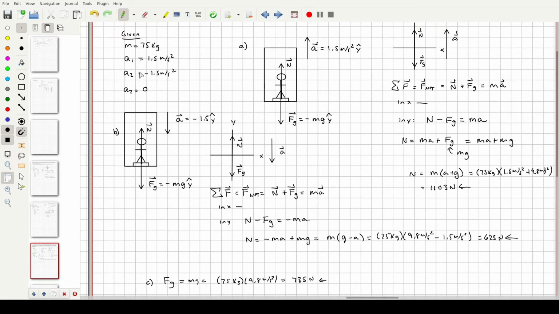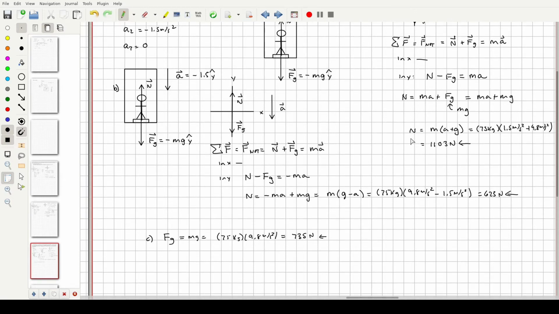So if you wanted to keep this to 2 sig figs, for part A, it would be about 1100 newtons. For part B, it would be about 620 newtons. And for part C, it's going to be about 740 newtons.